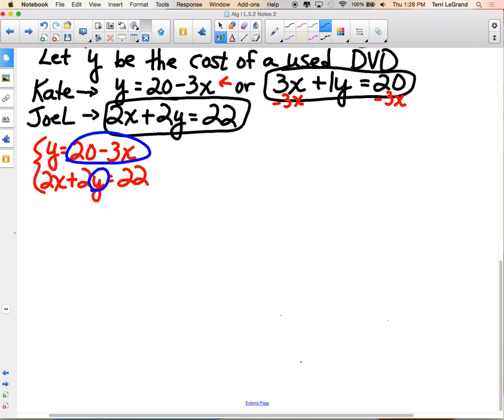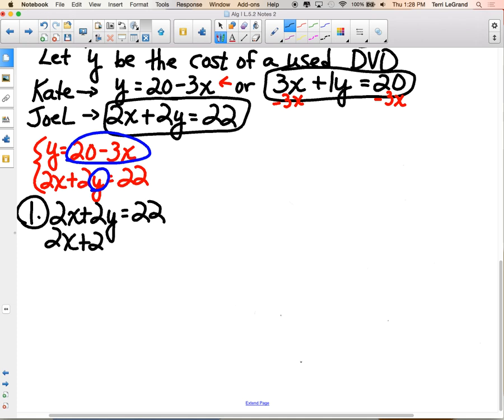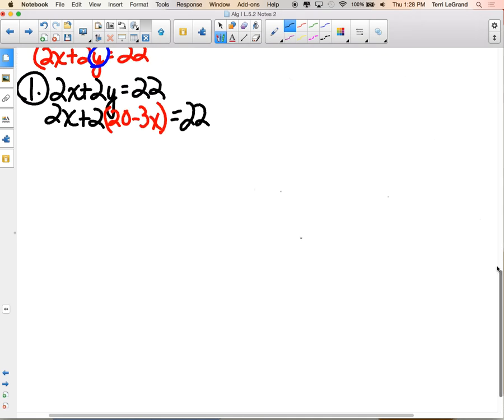So in step 1, we're going to write 2x plus 2y equals 22. And we're going to sub in 20 minus 3x for that y. And everything else in the equation is going to remain as it was.